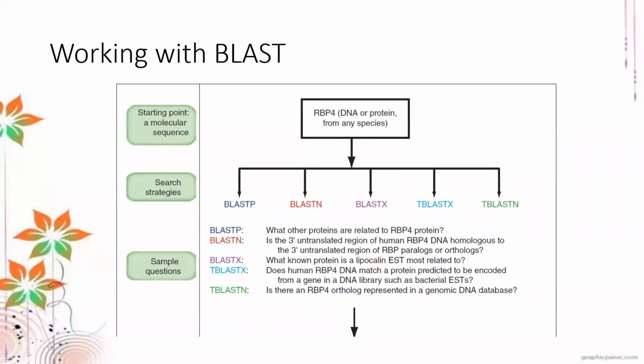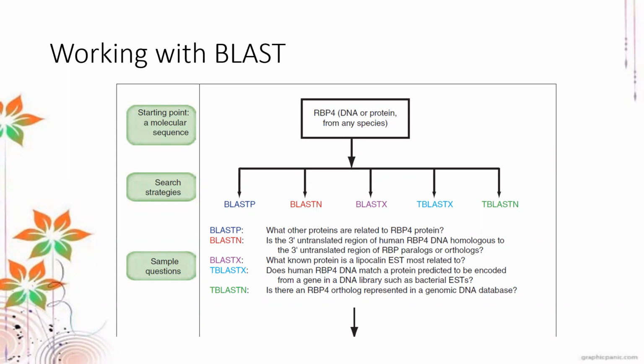Here are some questions that we might ask and the recommended search strategies for each question. For example, BLASTp. This is an example, the RBP4 protein. It can actually be the DNA, the RBP4 gene, or the RBP4 protein itself. So for a BLASTp, what other proteins are related to the RBP4 protein?